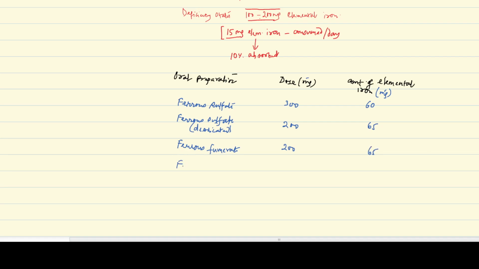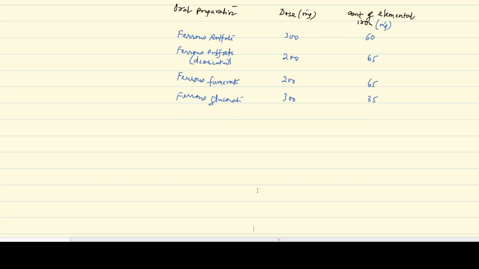And ferrous gluconate, so that's again 300. So from 300 you get about 35 milligram of elemental iron. Okay.